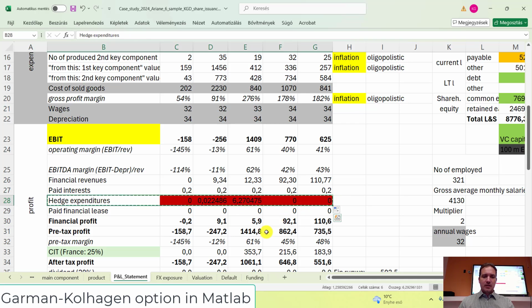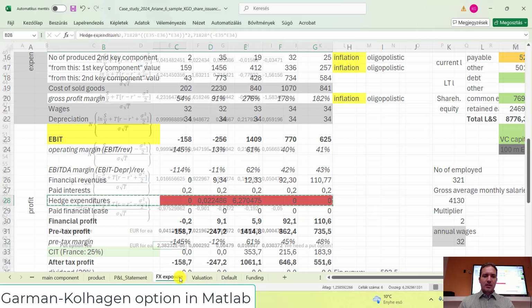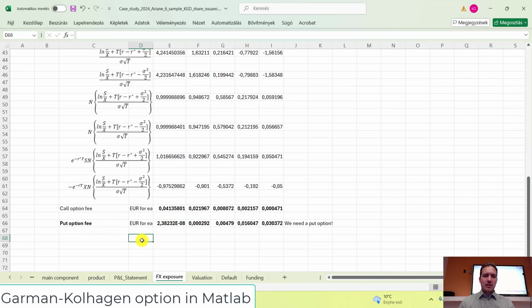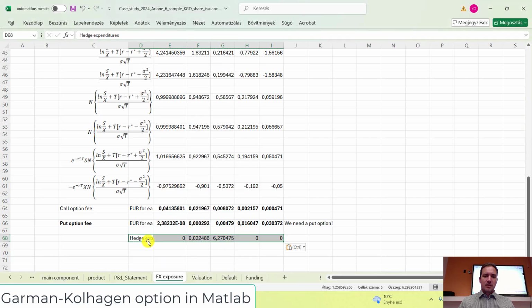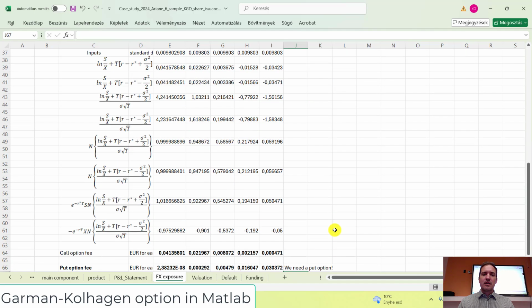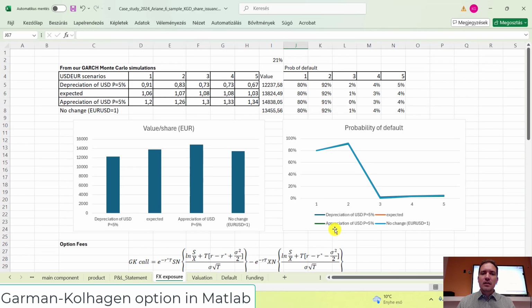Okay, so let's copy it here. So hedge expenditures, and after that we can add the usual valuation and things like this.